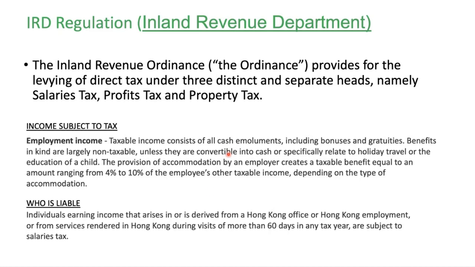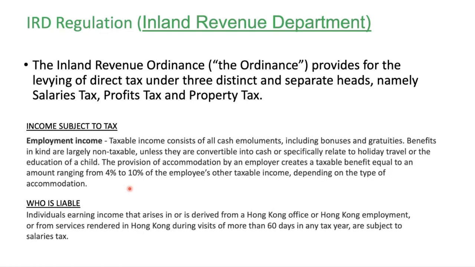And the provision of accommodation by an employer, basically, it creates a taxable benefit, which is equal to an amount ranging from 4% to 10% of the employee's income depending on the type of accommodation. So this is only subjected to tax, okay? The income which is included here. And who is liable?